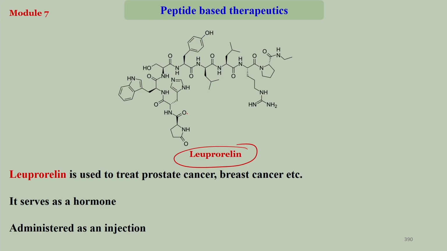So, this is a modification part, this is a slightly modified peptide. So, this molecule is used as an anti-cancer agent to treat prostate cancer, breast cancer and other types of cancer also, and it is a marketed drug. So, it basically acts as a kind of hormone, and this is administered as an injection.